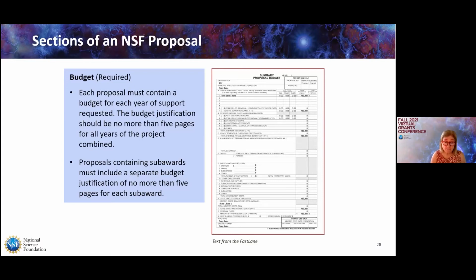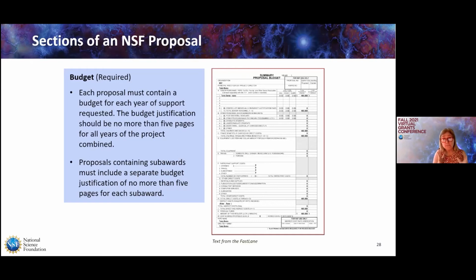But the important part is there's a series of questions that we're asking our reviewers to answer. And when we're talking about the budget, essentially what they're going to look to answer is, are there adequate resources available to the PI, either at the home institute organization or through collaborators to carry out the proposed activities?